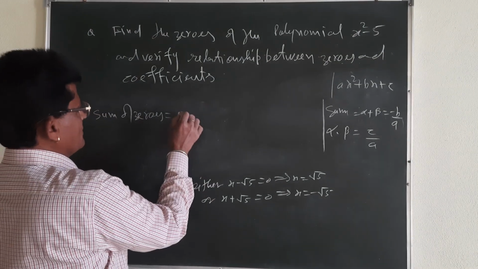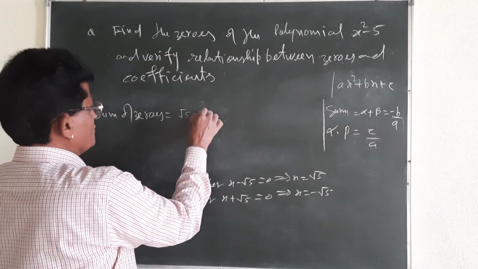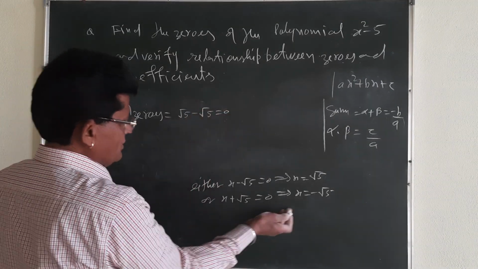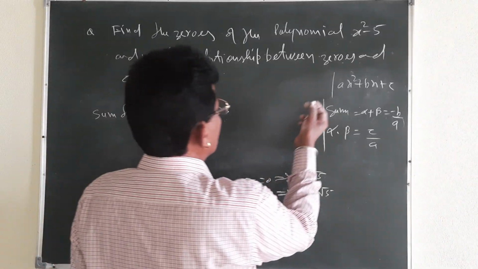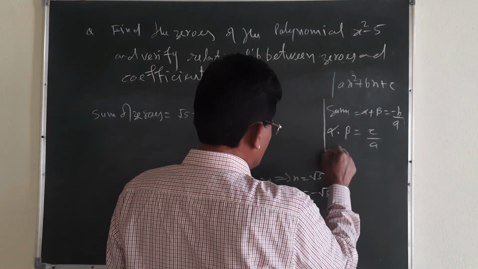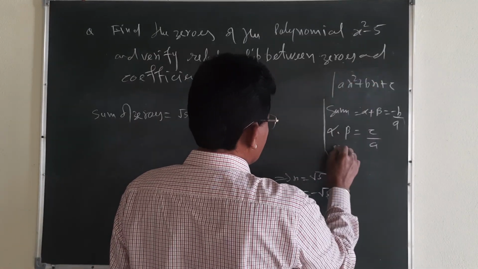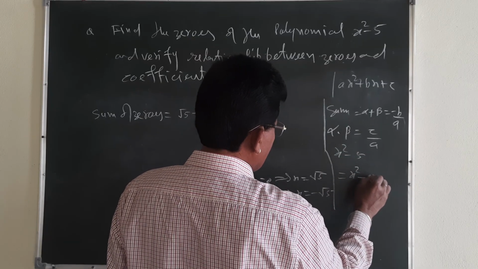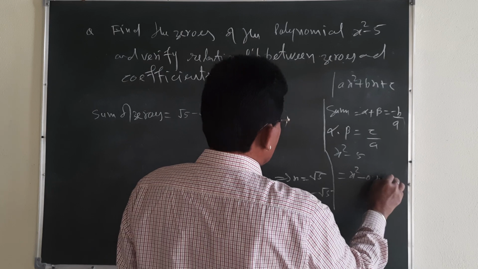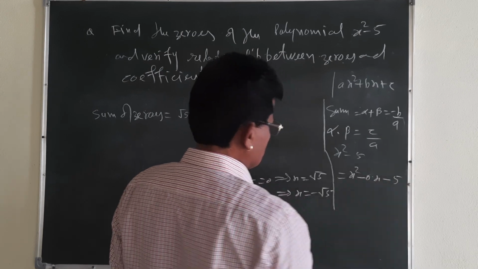Okay, sum: root 5 minus root 5 will be equal to 0. One is root 5, another is minus root 5. But your equation just before, what is that? x square minus 5, you can write it as x square minus 0 into x minus 5. You see?